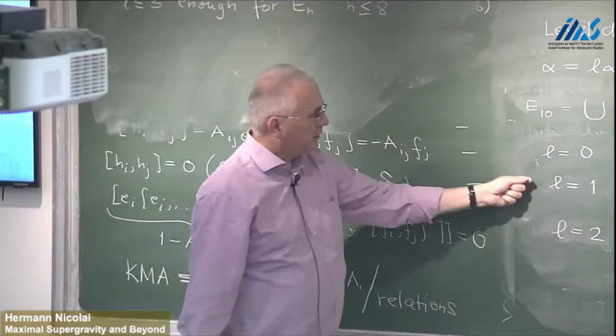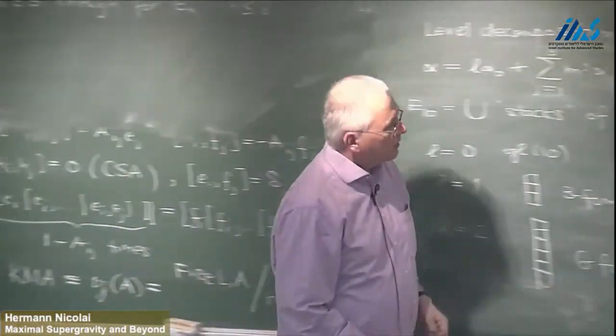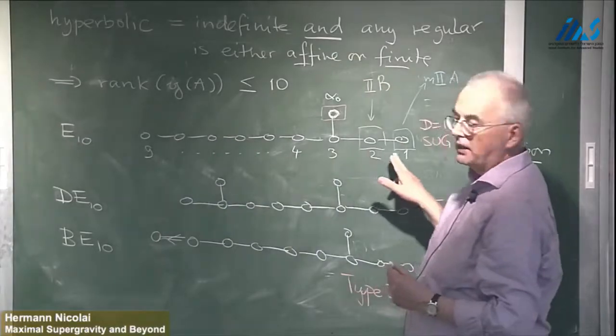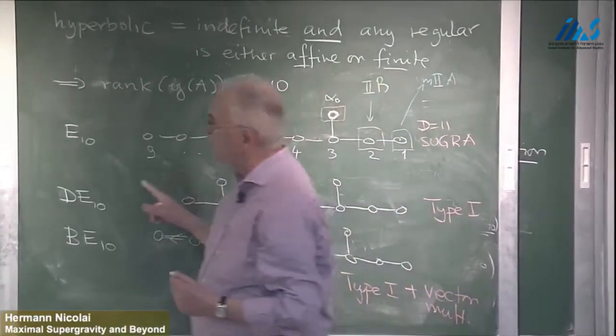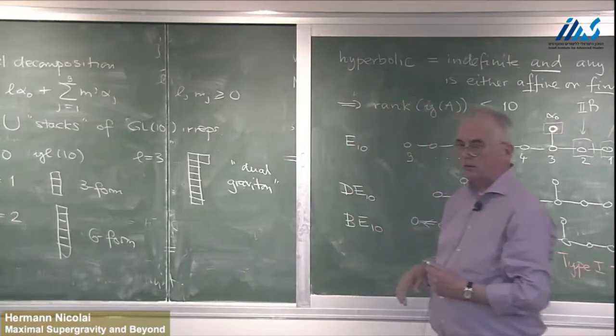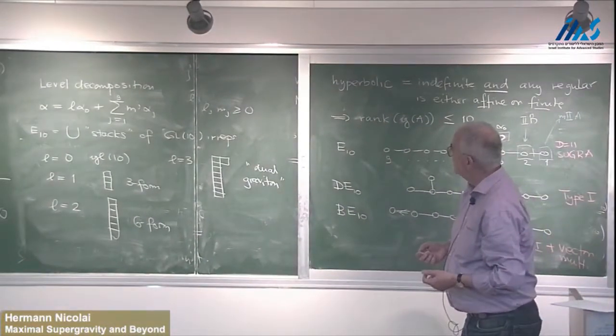So we just have these 3. And if you decompose it for E8, you just take away these 2 points. Then you have a GL8. And then you see that this just gives you the GL8 decomposition of E8. So that's fine.